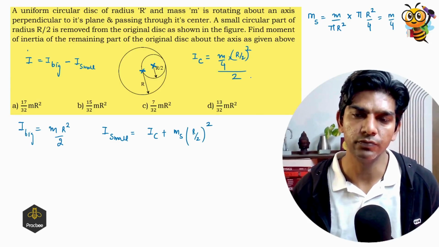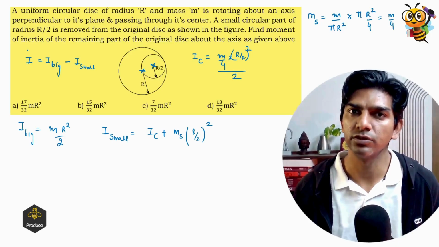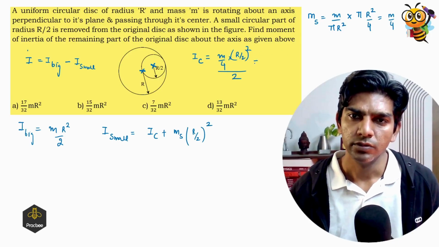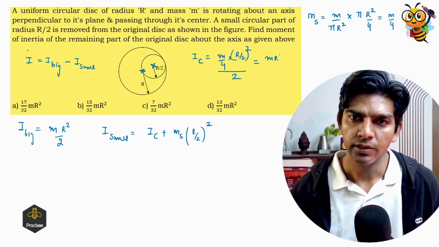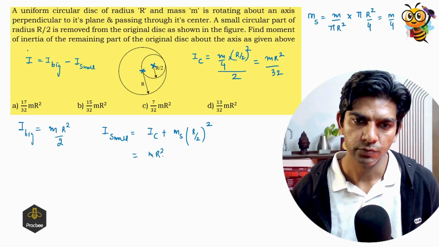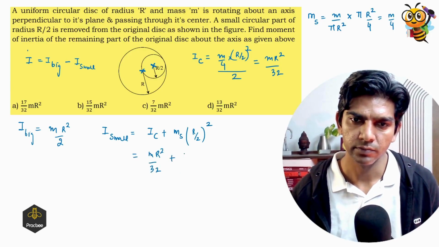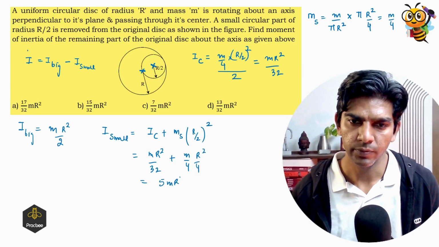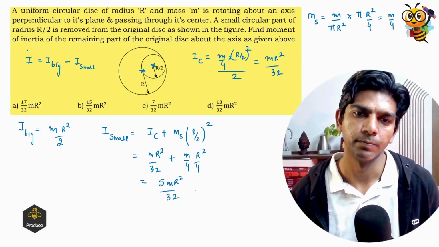That is the formula of moment of inertia about the axis passing through the center of the disk. So this comes out to be m r square divided by 32, plus m by 4 times r square by 4. So it comes out to be 5 m r square by 32.